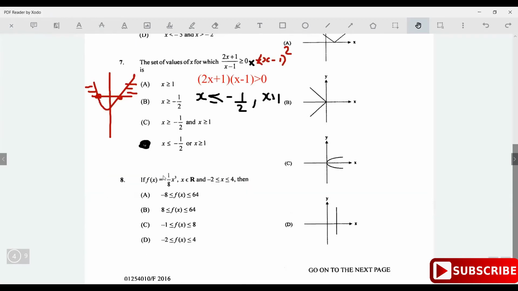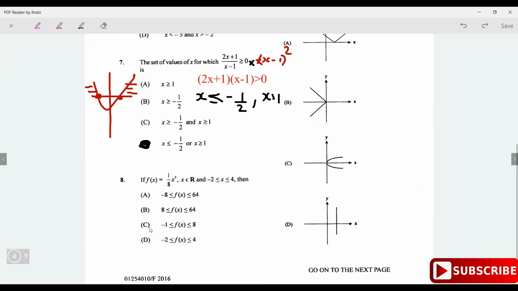Question 8, f of x is 1 over 8x cubed. If x is between minus 2 and 4, then what is the range? Just plug in negative 2. When you plug negative 2 into x, you get minus 2 cubed, and you multiply it by 1 over 8.